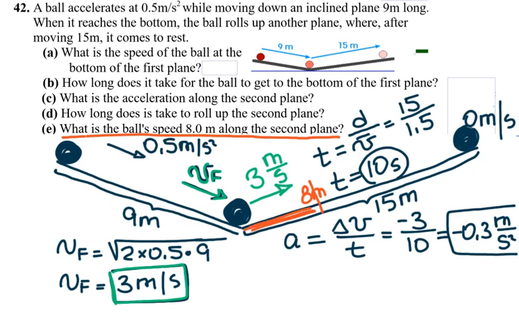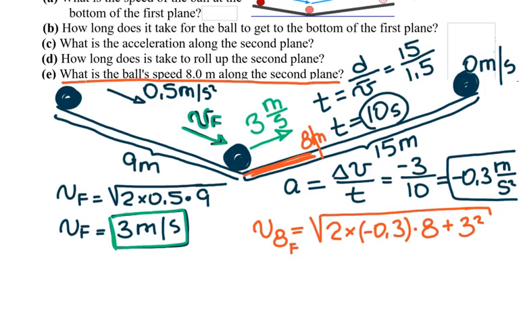So I can figure out that velocity at that point. So for the second incline, I have the square root of 2, acceleration is negative 0.3, and the distance is 8. But the initial velocity is not 0 in this case. The initial velocity is 3 meters per second. And I get the velocity at 8 meters after it starts rolling up as 2.1 meters per second.